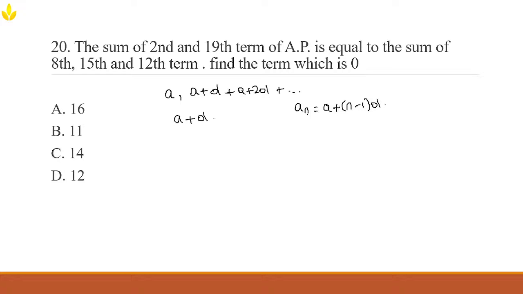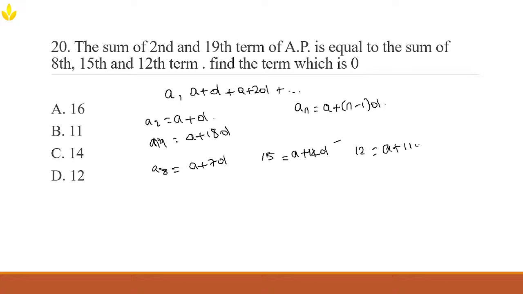In the same way, a2, the second term, is a plus d, and the 19th term is a plus 18d, the eighth term is a plus 7d, the 15th term is a plus 14d, and the 12th term is a plus 11d.